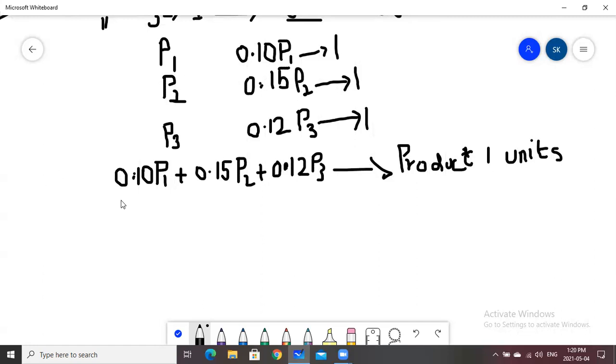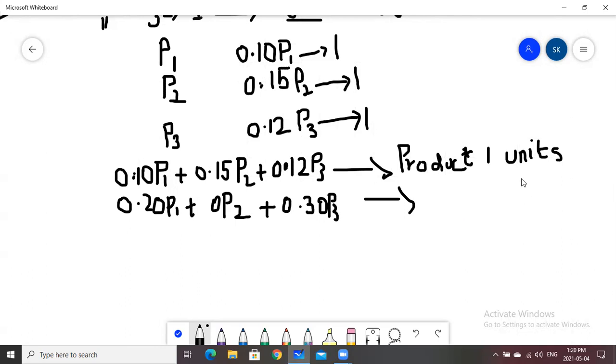And in the same way, we will have 0.20 P1. Now we have to write all these equations. 0.20 P1 plus 0 P2 plus 0.30 P3 units of product 2.